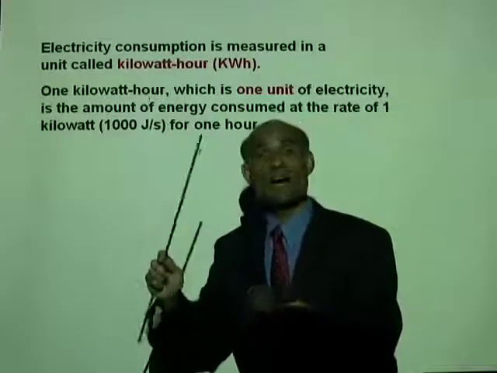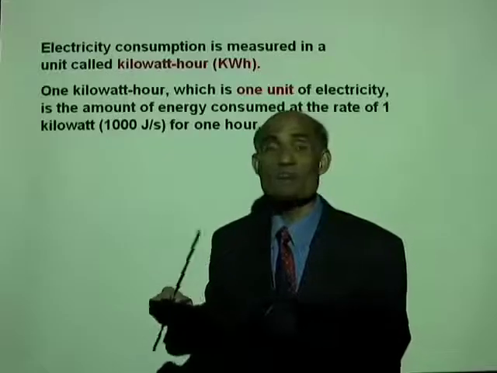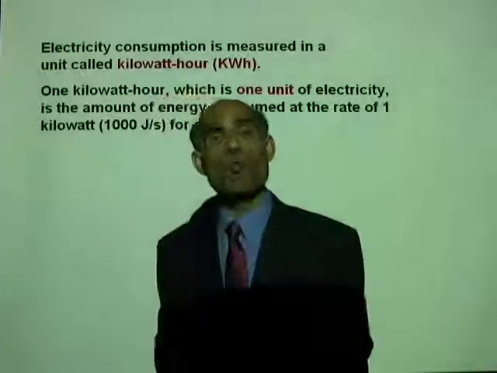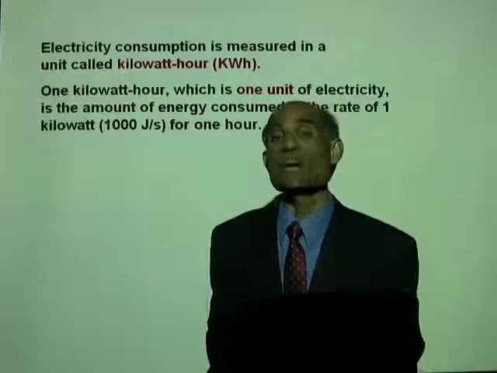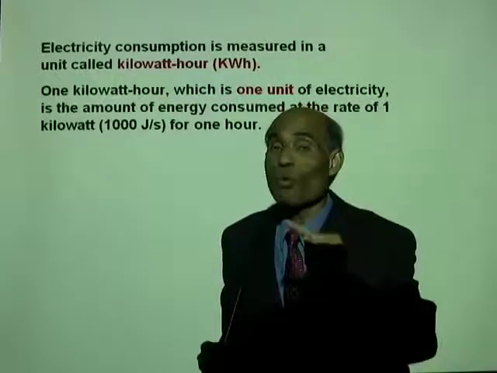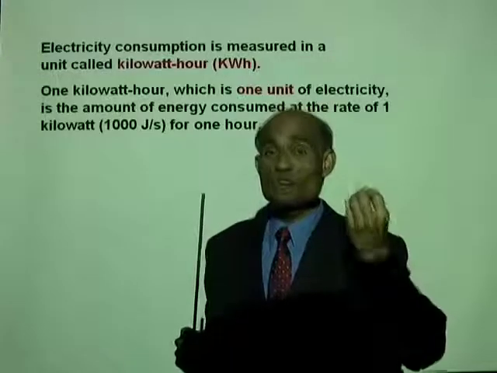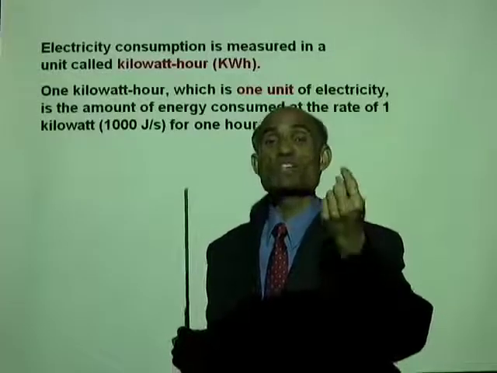So can you tell me, how would you calculate the number of units? If you have a water heater that is rated at 2 kilowatt, that means that water heater will use 2000 joules of energy in 1 second.